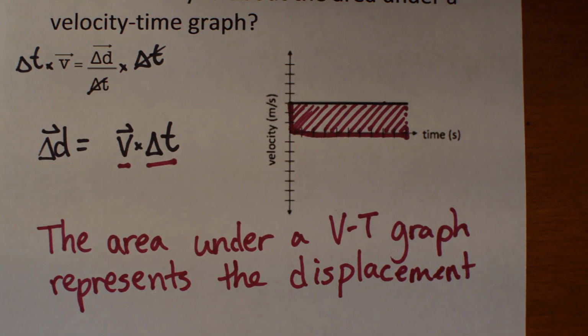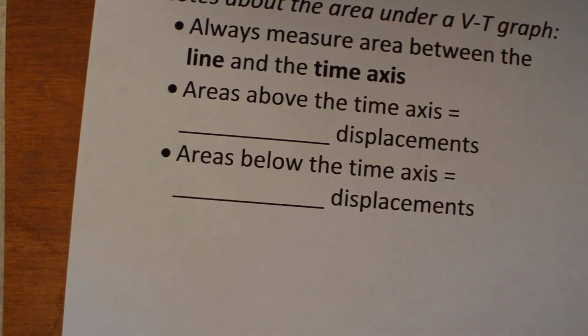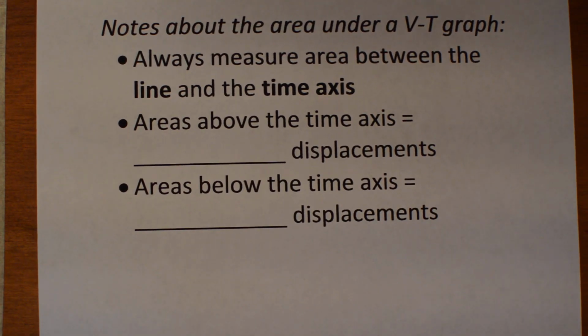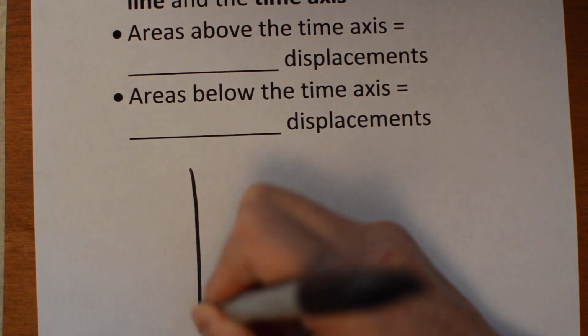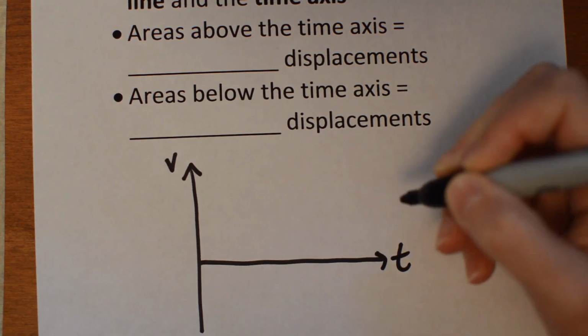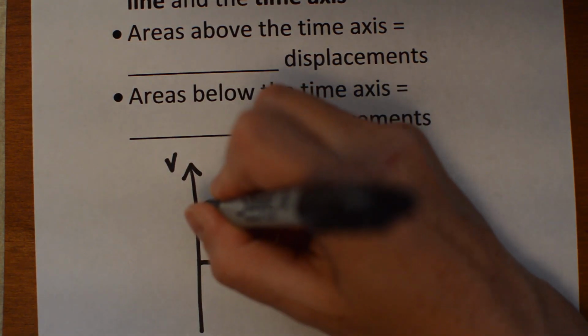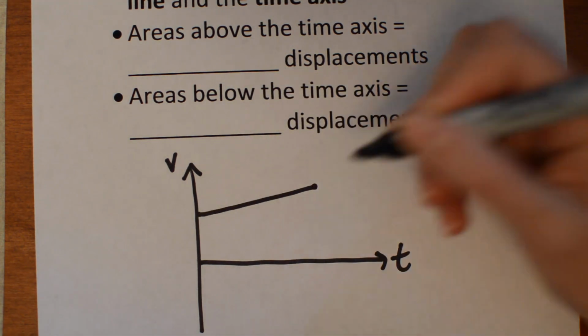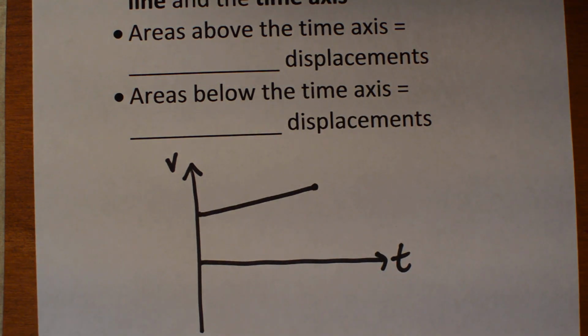Just a few notes about calculating the area under a velocity time graph. Make sure you're always measuring the area between the line and the time axis. So what I mean is this. If you have this velocity time graph here, maybe your velocity looks something like this, some sort of slanted line up there.